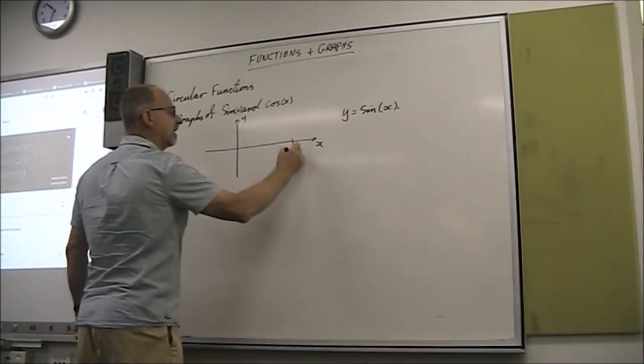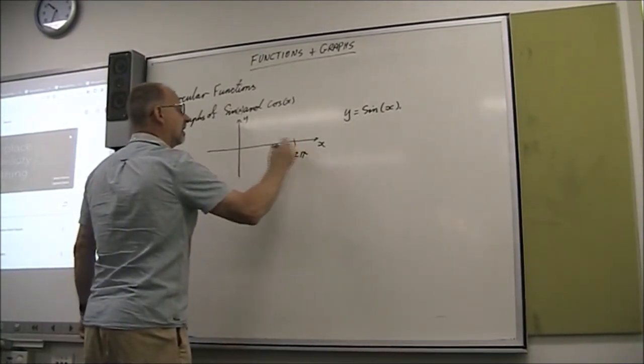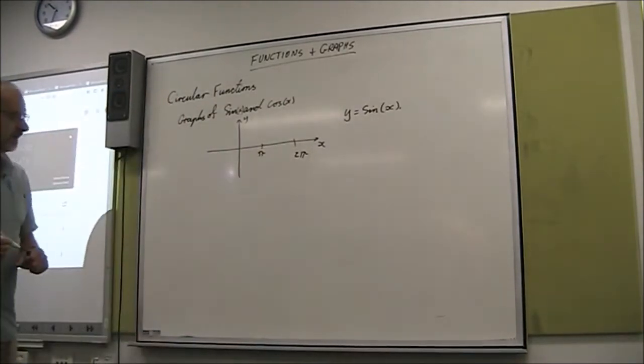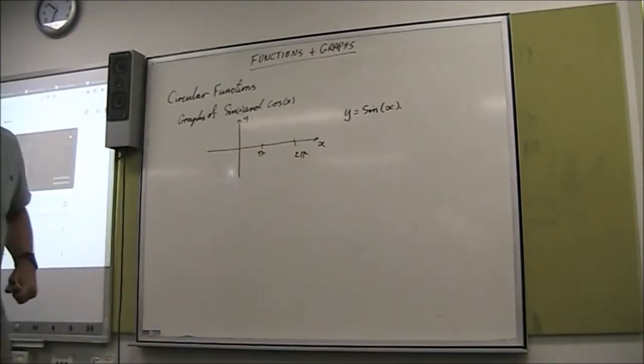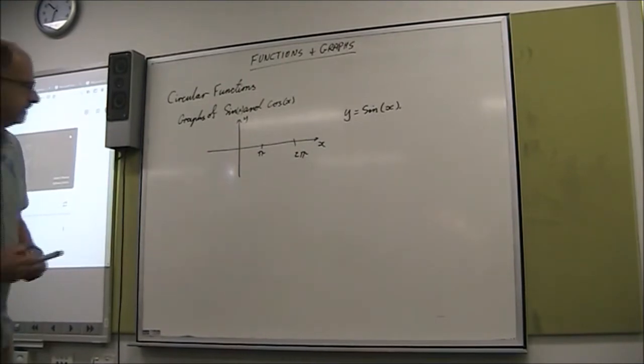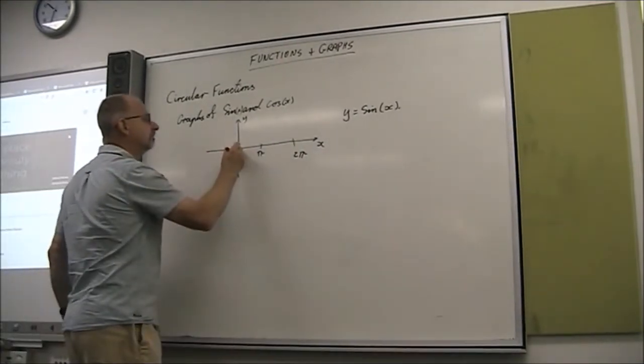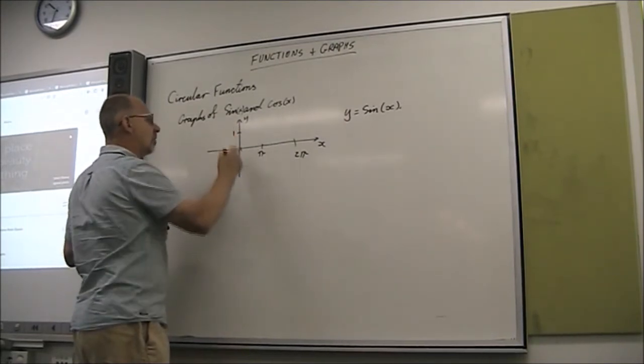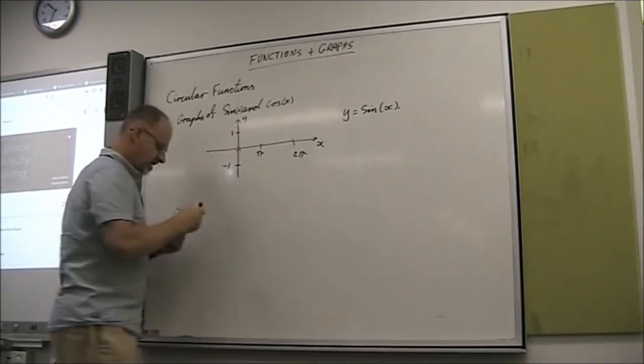The basic one has a period of 2 pi. It starts at the origin, has a maximum value of 1, a minimum value of -1.